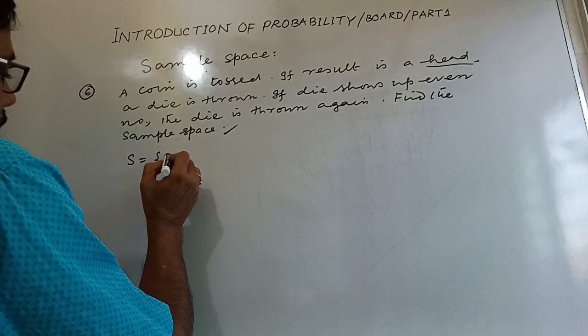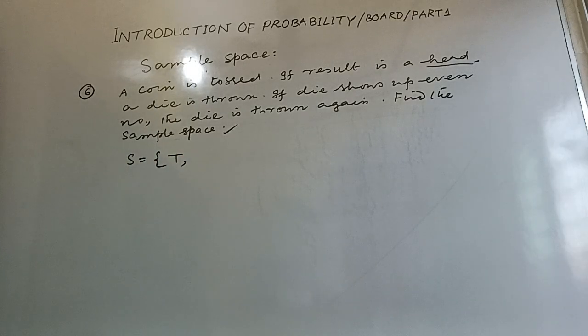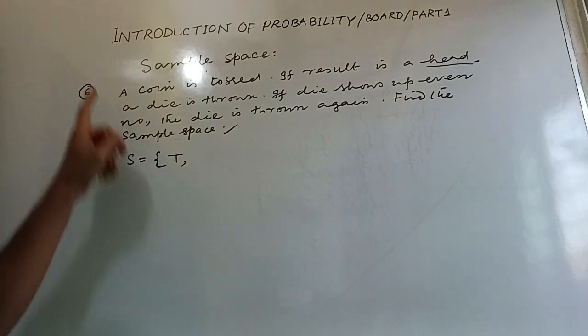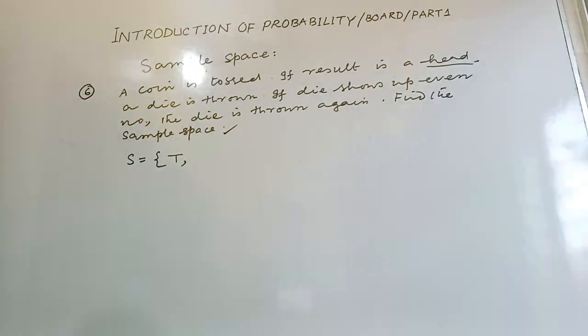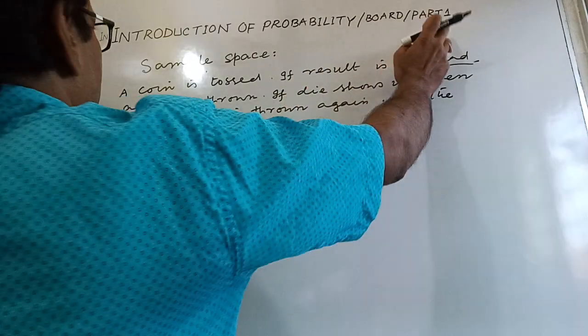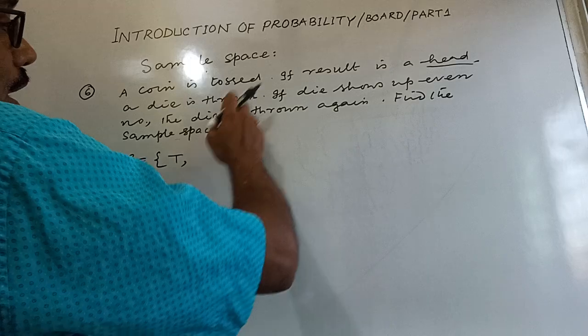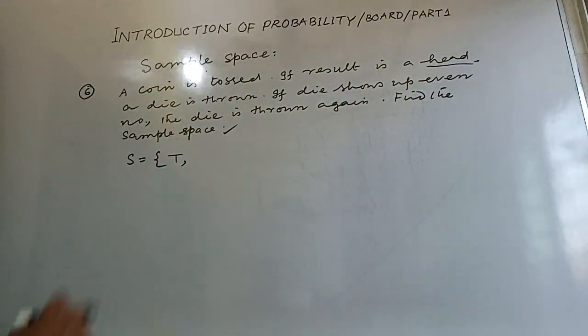If the result is tail, it stops, so we get T. Now if the result is head, a die is thrown. If the die shows an even number, then another die is thrown.